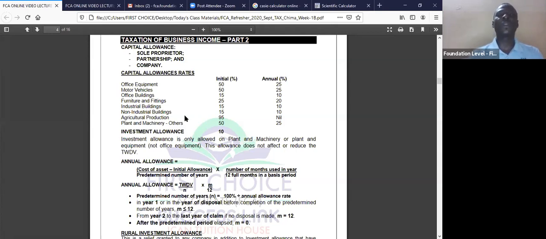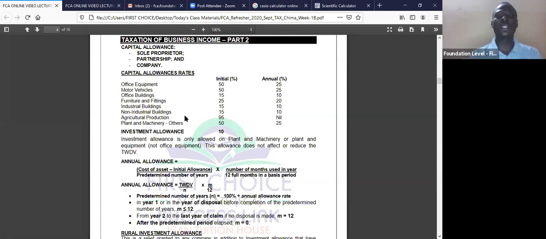The predetermined number of years is gotten from the annual allowance percentage. So you see, when we say annual allowance of 25%, it means 25% on straight line. If you take 25% of something continuously, how many times will you take it for you to get to 100%? 4 times.